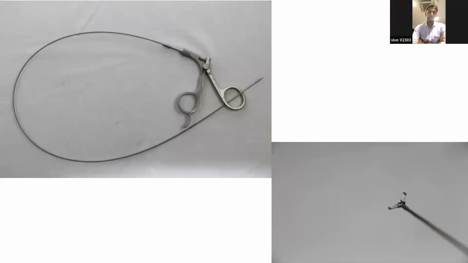Flexible grasper. Yeah, who is answering? It's a flexible grasper, sir.